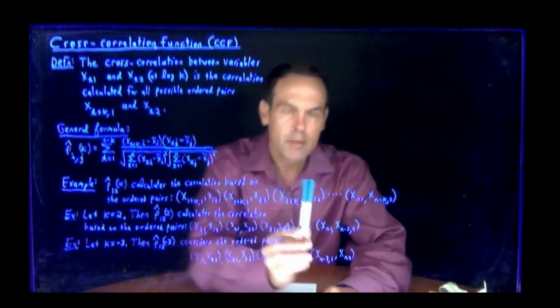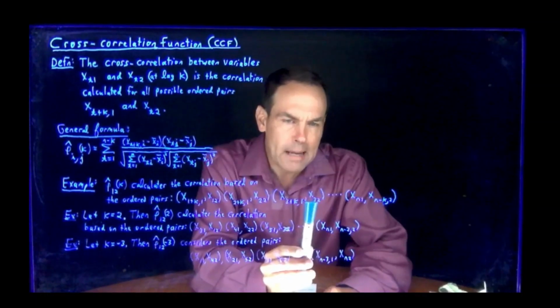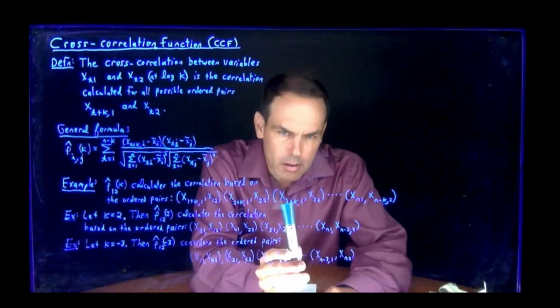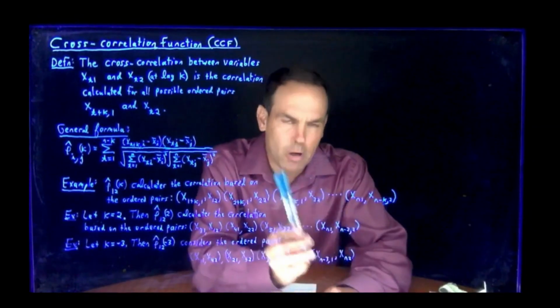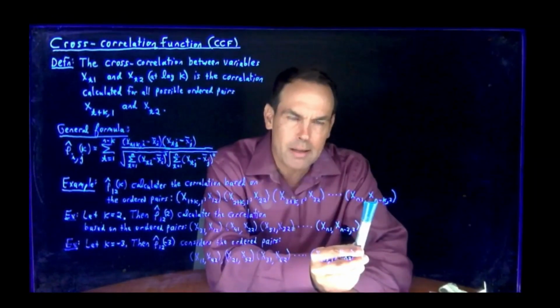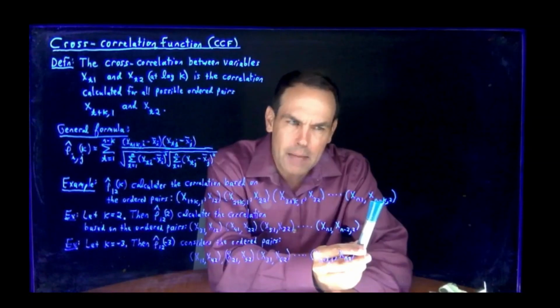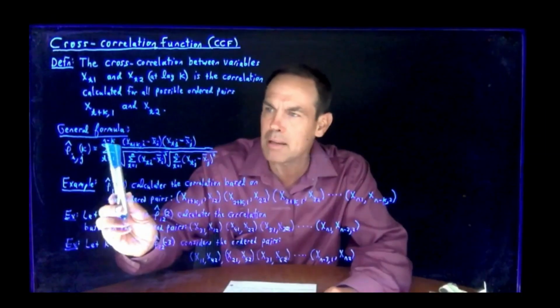Let's keep going. Third ordered pair. Variable 2 at time point 3 paired with variable 1 at k time points ahead of 3. Keep going. Finally, we get to the end. This looks a little strange, but it's going to make sense. Second variable, at time point n minus k, which notice that matches up with this sum, n minus k.